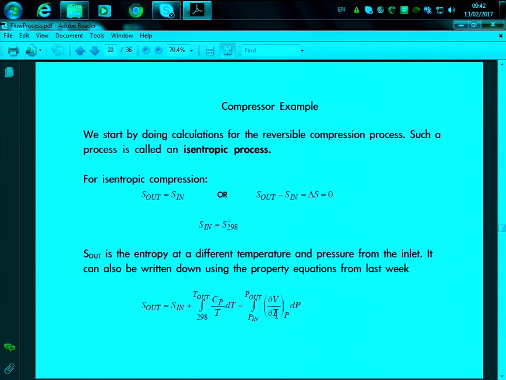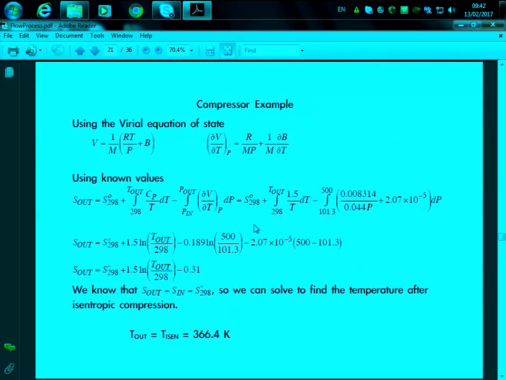Basically the virial equation of state will help us relate the changes in volume against temperature using the equation that we saw previously. Using the known values, we are able to substitute what we have in here. So Cp was given over T dT, and then we substitute the virial equation of state.